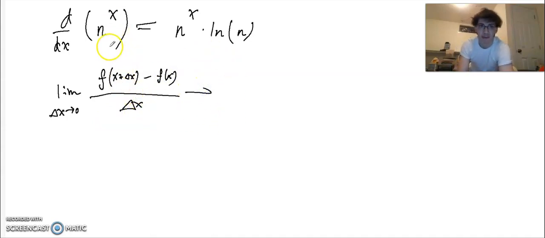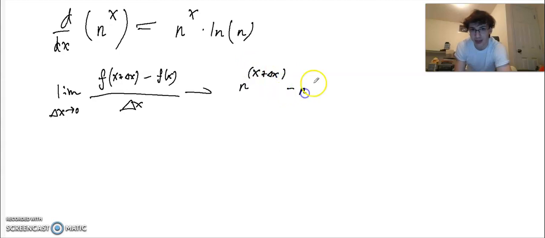And well, f of x is just n to the x, and we plug in x plus delta x into the function, so we get n to the x plus delta x minus n to the x all over delta x.